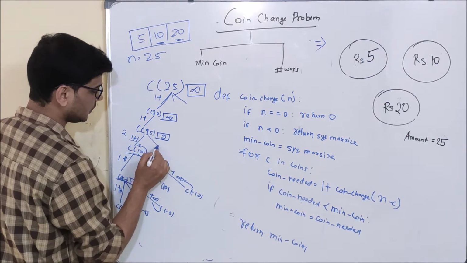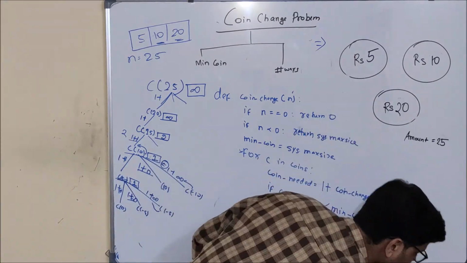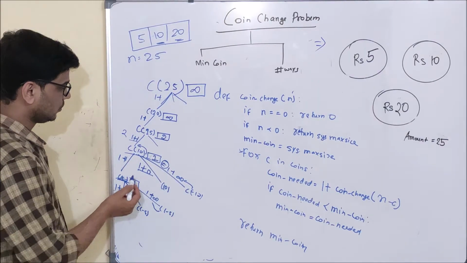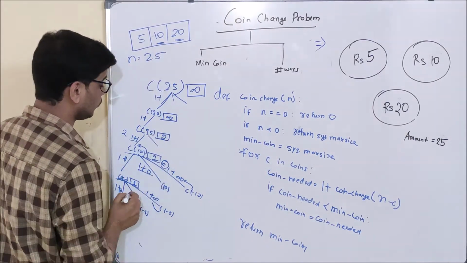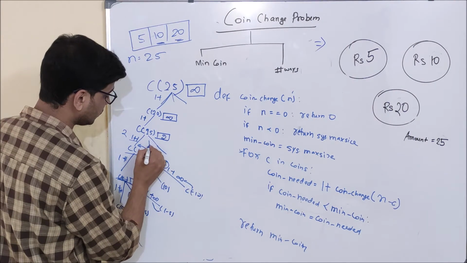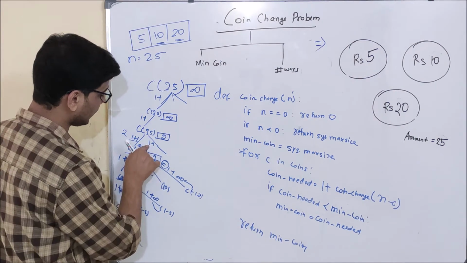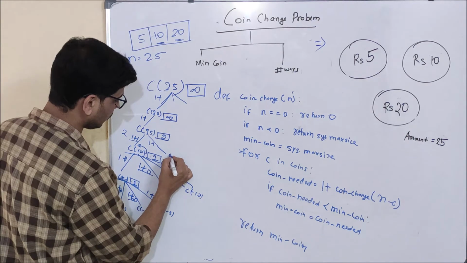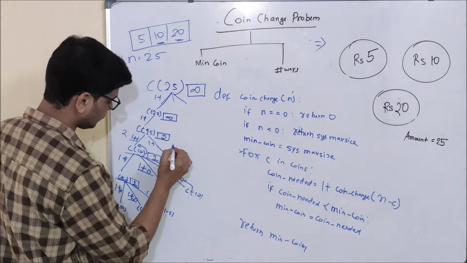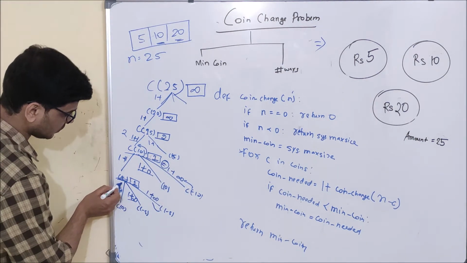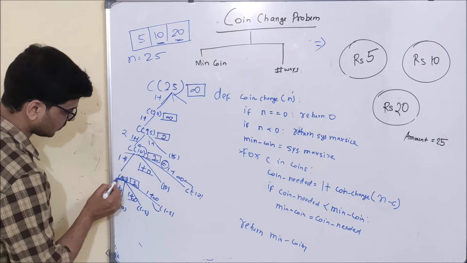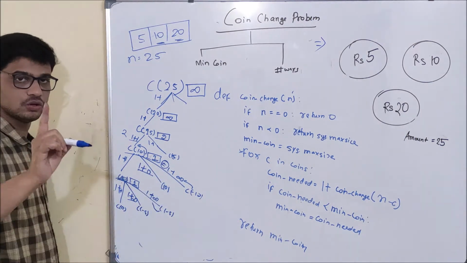Now c of 15 is going to try its another option. Now c of 15 is going to try the 10 rupee coin, and so here 1 coin plus it is going to call c of 5. See, here c of 5 has already grown, so as you can see here, it is a duplicate problem.